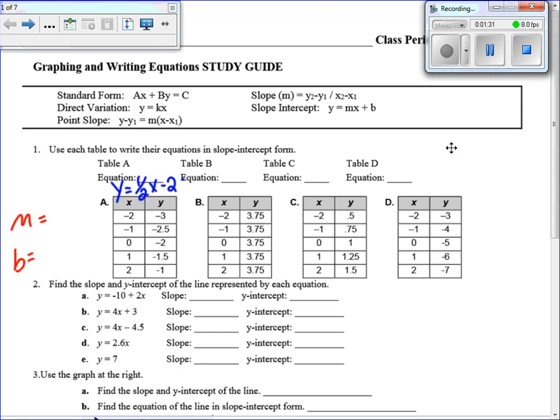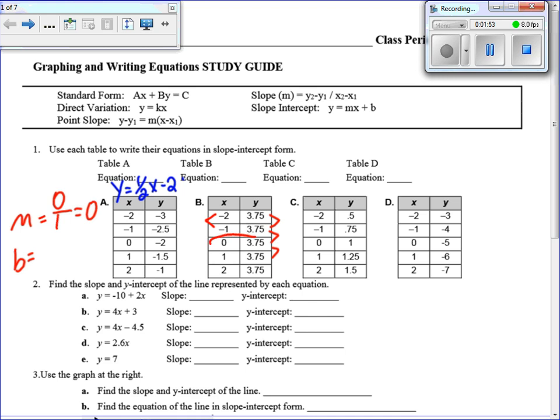Remember, our slope is change in y over change in x. Our changes in y's are not changing, so that would be 0 over our change in x, which is positive 1. It's increasing by 1. Well, we know when we have 0 in the numerator, our slope is just 0. Then we look at B for our y-intercept.